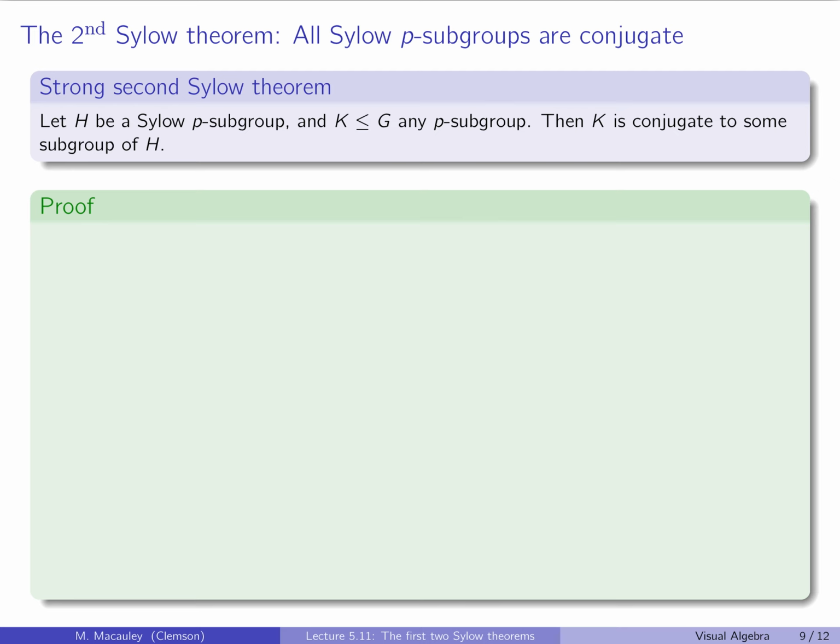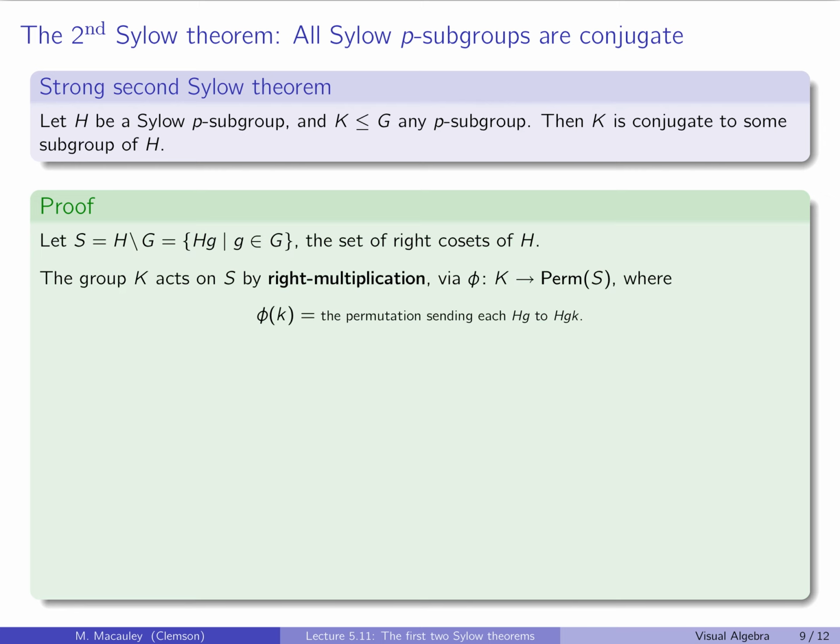The proof of this and the third Sylow theorem will involve a clever group action. Let's let S be the set of right cosets of H, that is our Sylow p-subgroup. And now let's let the group K act on this set by right multiplication.